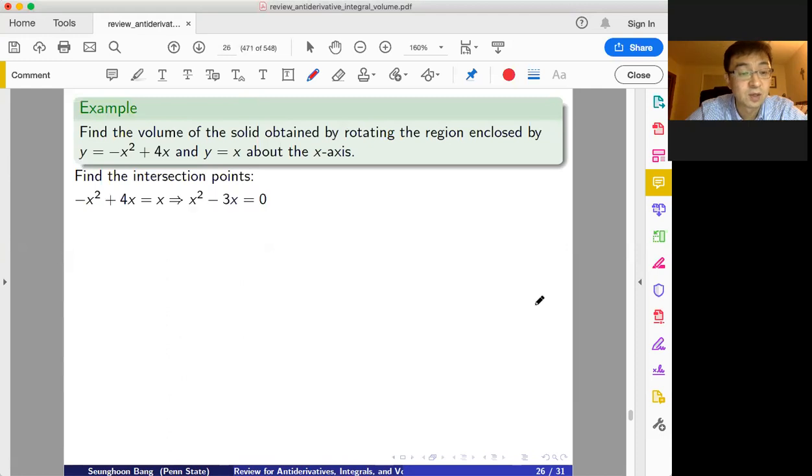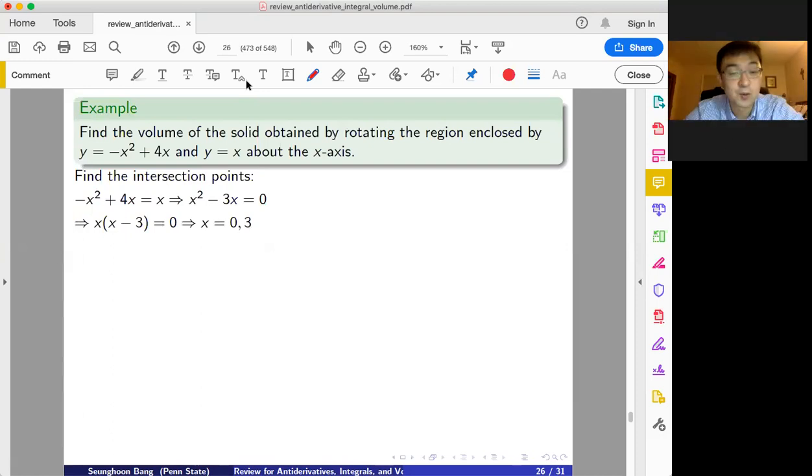You solve: add x squared to both sides, subtract 4x from both sides. Cancel. x squared, x minus 4x is negative 3x. Factor out x. x is 0 and 3.